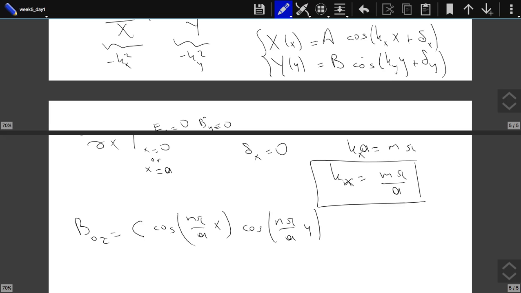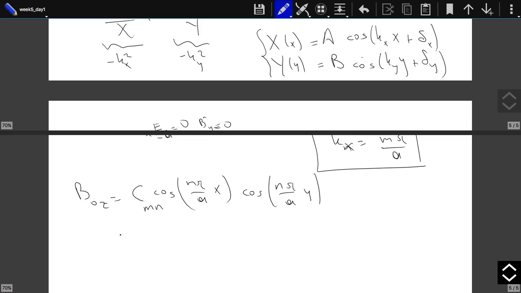These are the possible values of B0z. B0z cannot be an arbitrary function, but it has to have this form, or of course it can be any superposition of functions of this form for different values of m and n with different coefficients.